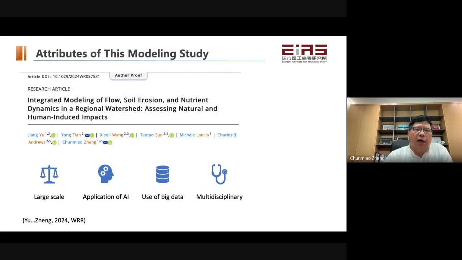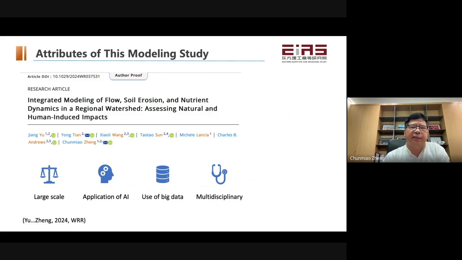Our group has been doing this study for a few years, looking at the Greater Bay Area of China, Guangdong province, Hong Kong, and Macau, a major economic region of China. Interestingly, we just got this paper as an author proof yesterday, from WRR.